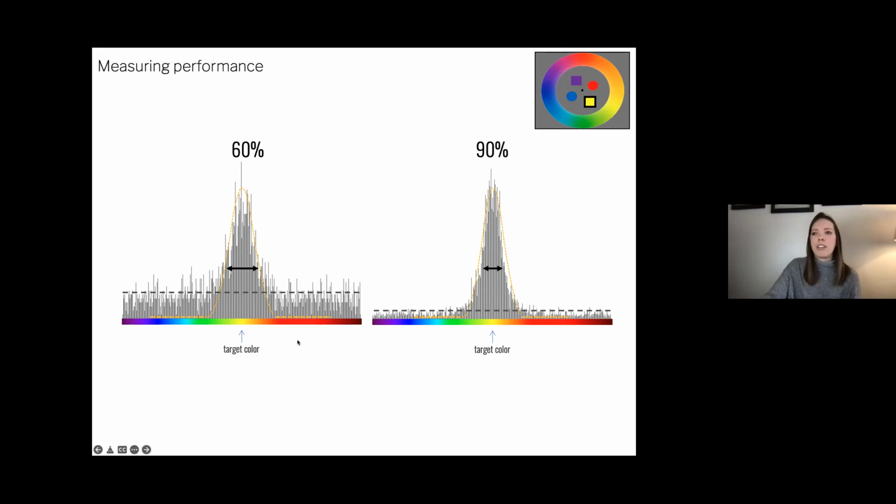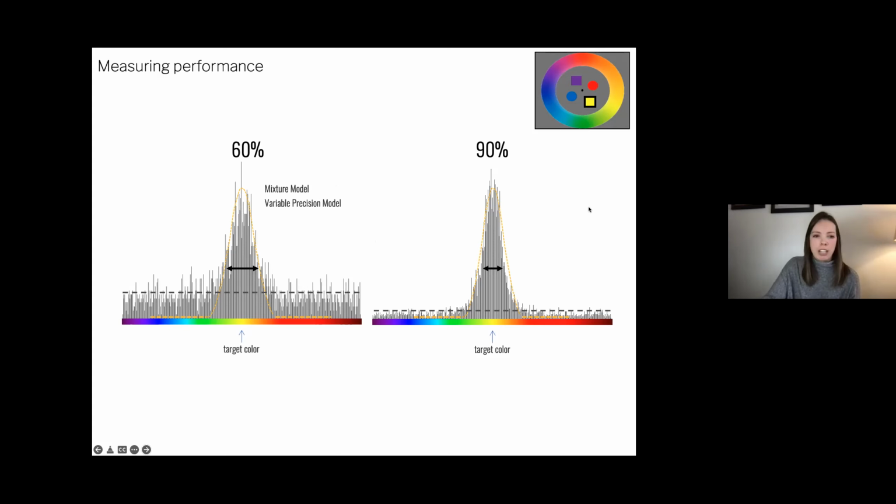There are a couple of other parameters that you can look at, but for the purposes of this talk, I'm going to focus specifically on standard deviation as our measure of precision in memory. We did use a number of different models that I will be happy to talk about. What I'm going to show you today are mixture models and a variable precision model.